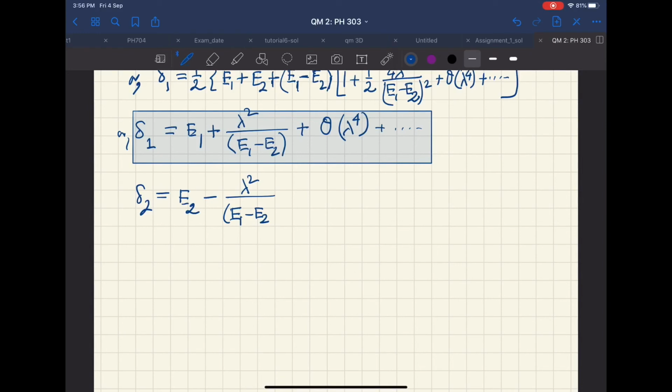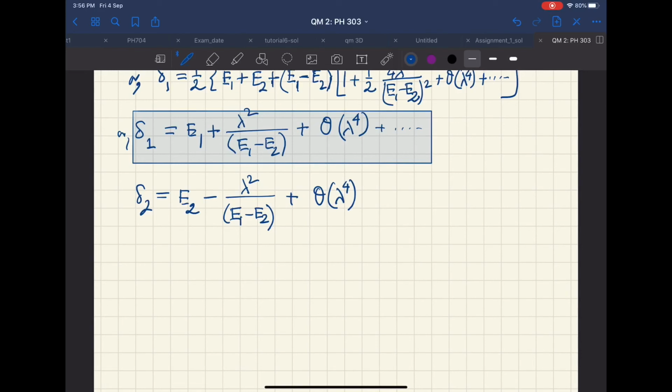So if you choose this negative sign, that is the second root, this will again be like this with a minus sign here. So even if the Hamiltonian is linear in lambda, for the eigenvalues in general we expect an infinite series in lambda.